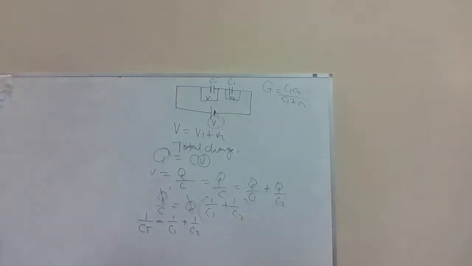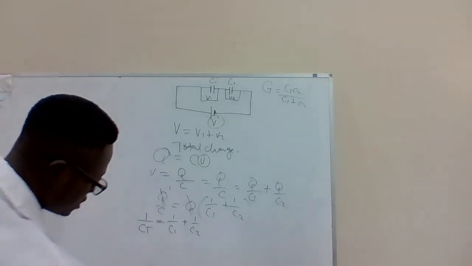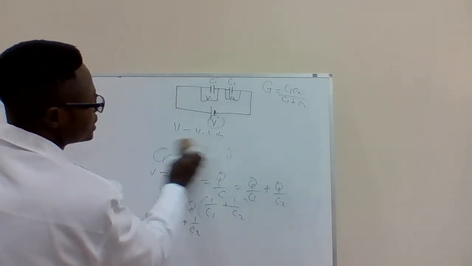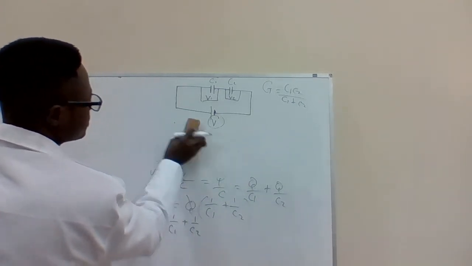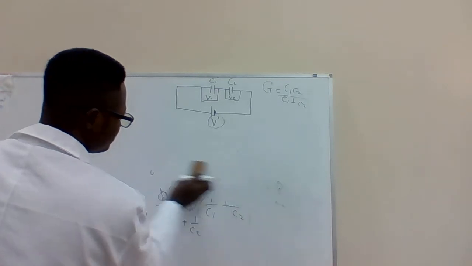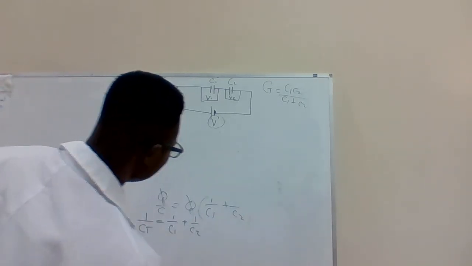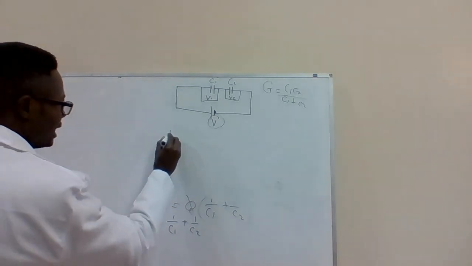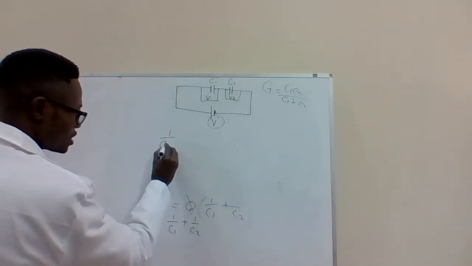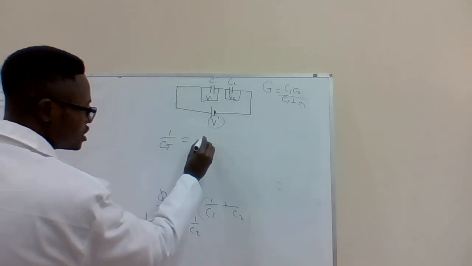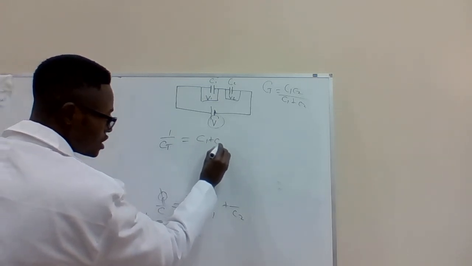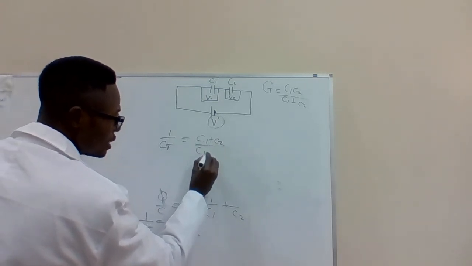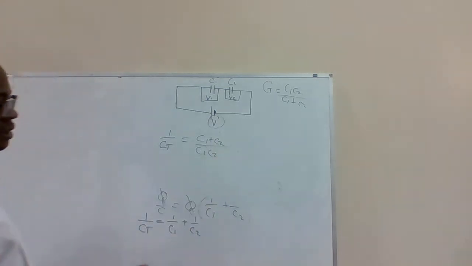So what are we going to do from here? We find the LCM. Let us create space here in order to find the LCM so that it can be very visible. Now, to find the LCM, we end up with 1 all over C total giving us C1 plus C2 over C1 C2.